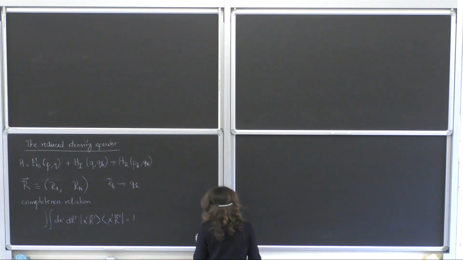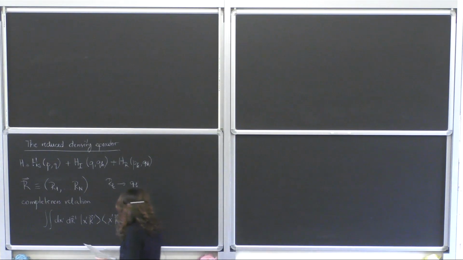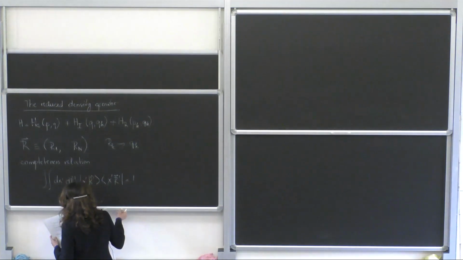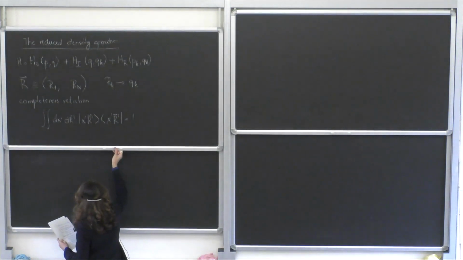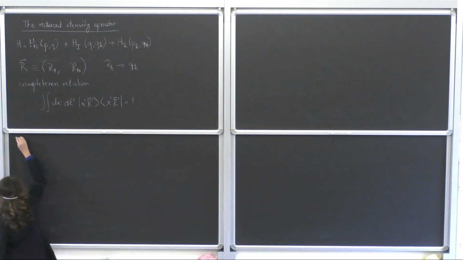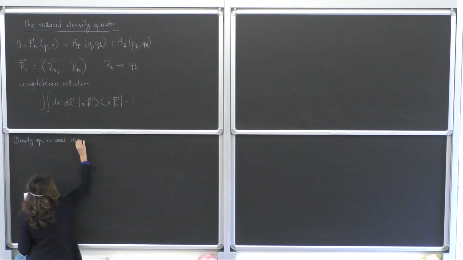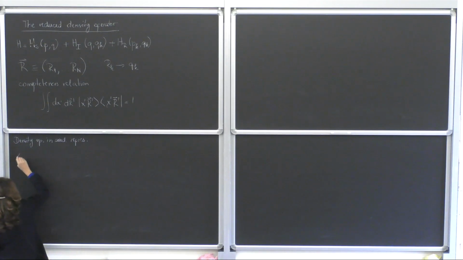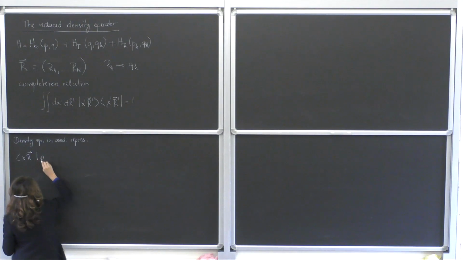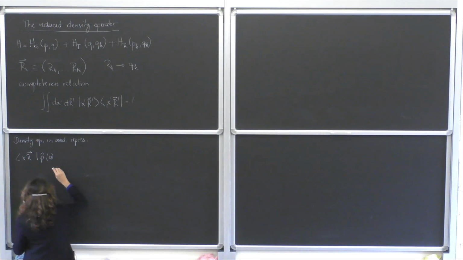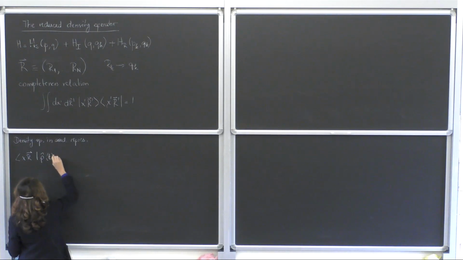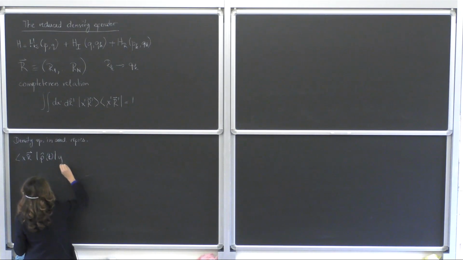Okay. I can now write my density operator in coordinate representation as xr rho of t yq.